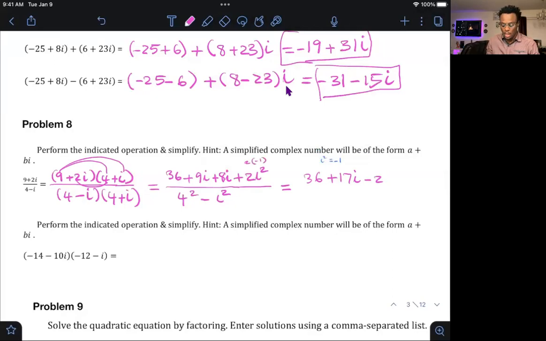And then over 4 squared, that's 16 plus 1, because you have negative i squared, which is plus 1.